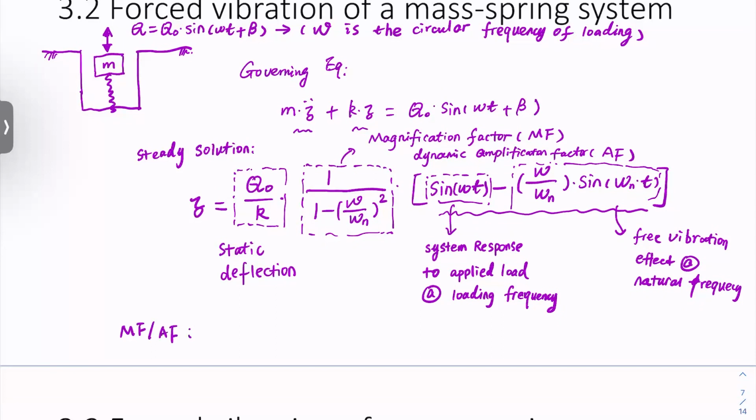Tell me, when the external circular frequency is approaching the natural frequency of the system, what is going to happen? This MF or AF number is going to approach what?